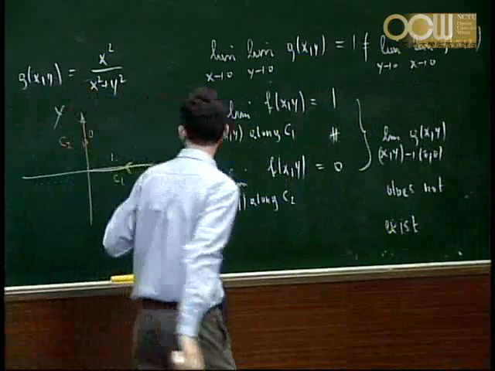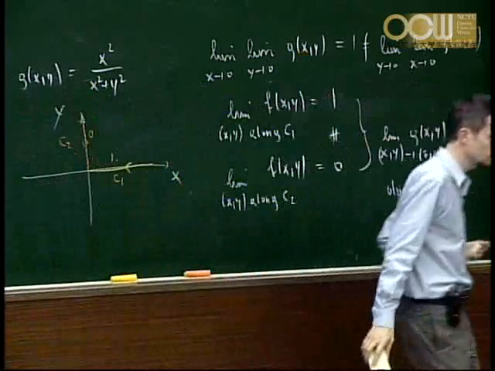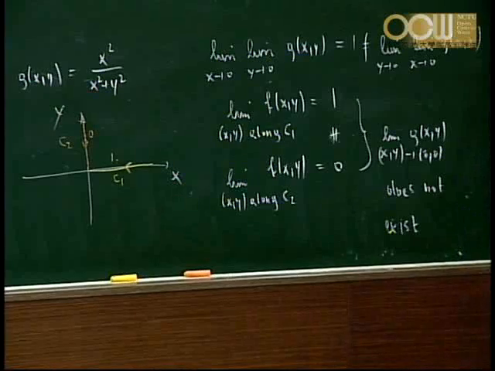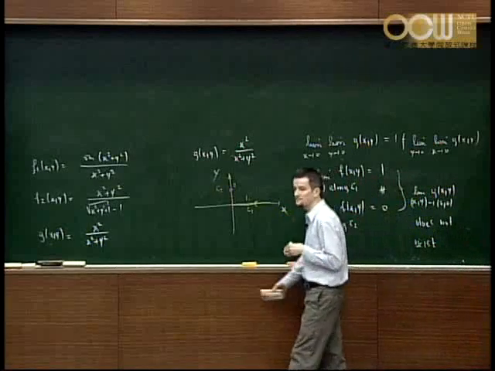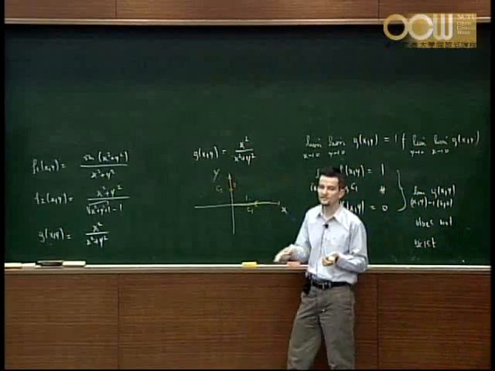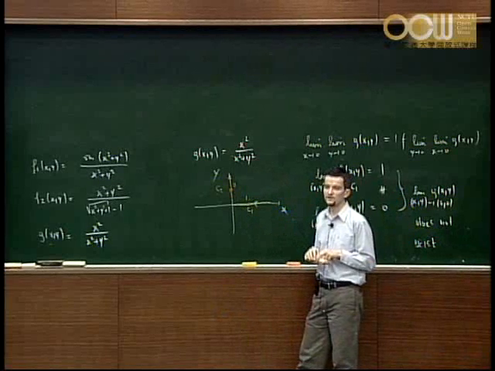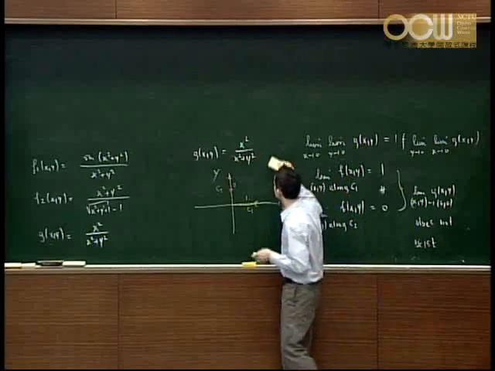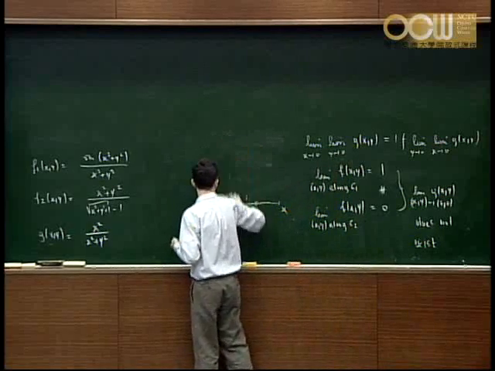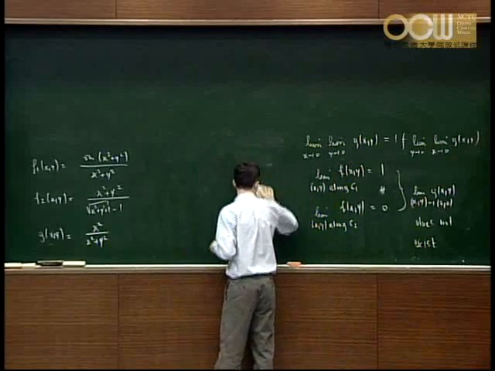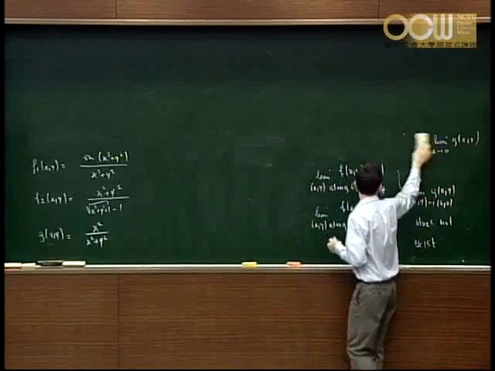So if you are given such a function and want to disprove a limit relation, one of the tools you can use is different ways of approaching the origin. If you get different limits, this disproves that the limit approaches any fixed value.